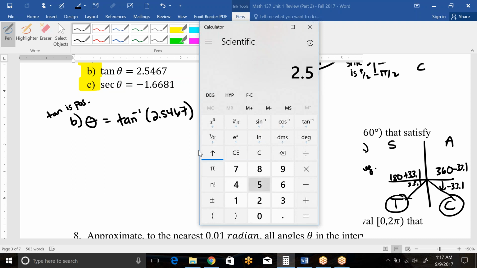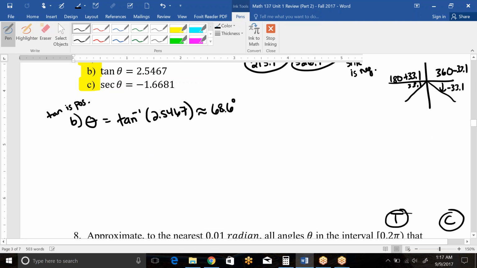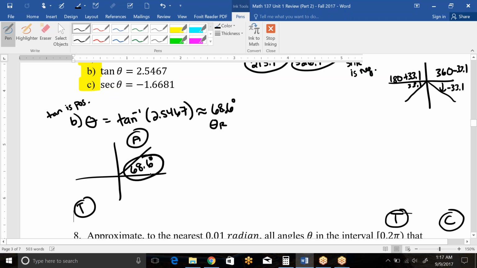So 2.5467, and we're doing inverse tan of that. That's 68.6. So that's going to be my reference angle. Now, tangent is positive because my ratio was positive in quad 1 and quad 3 because you get negatives over negatives here. So that means that this is a 68.6 degree angle. That actually is an answer because that is its measurement from 0 to 360.